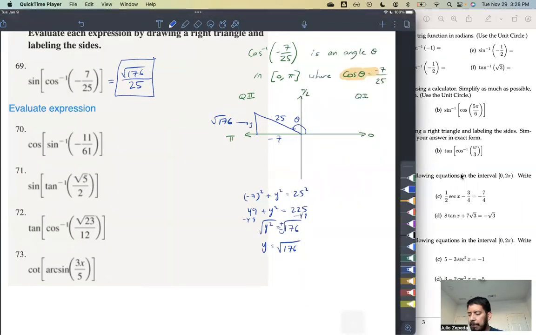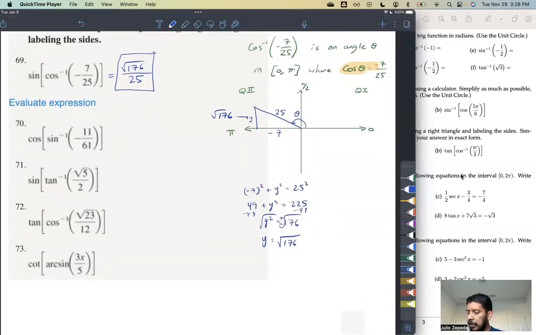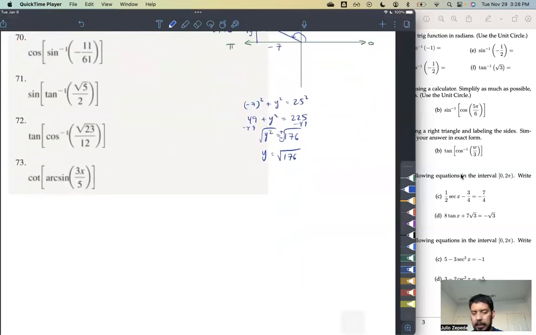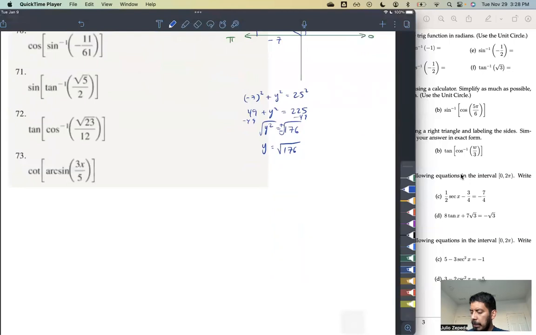This one also has a variable in it, and it'll give us a little bit more practice using the arc sine. Okay, so what is this arc sine here?